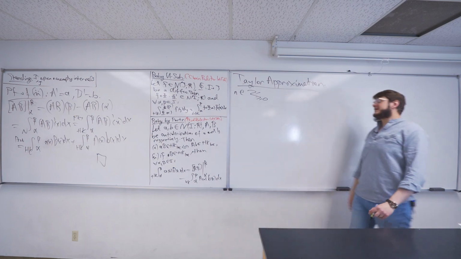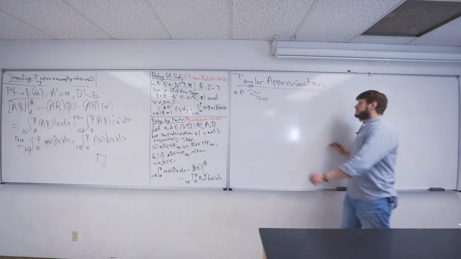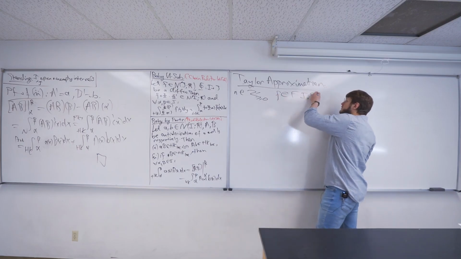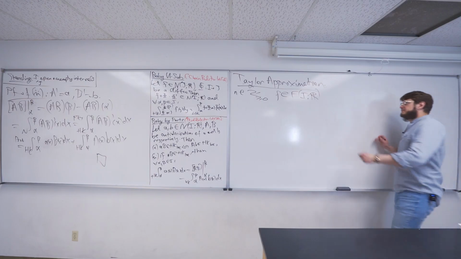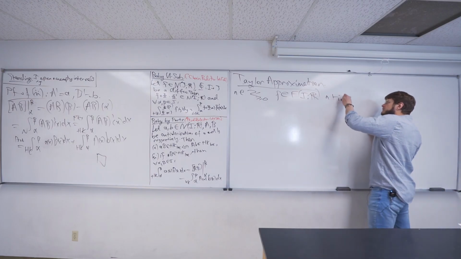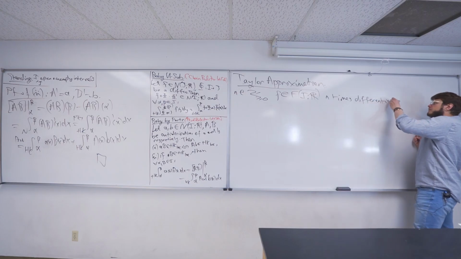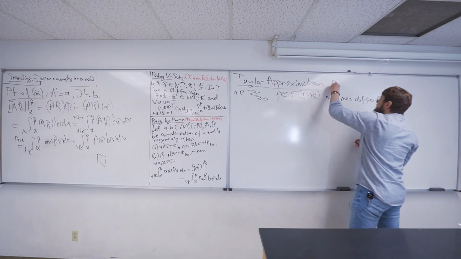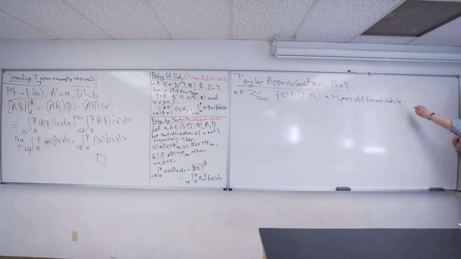So now I want to take n, a non-negative number, a function that is n times differentiable. I should have said definition here. And let me take a base point.